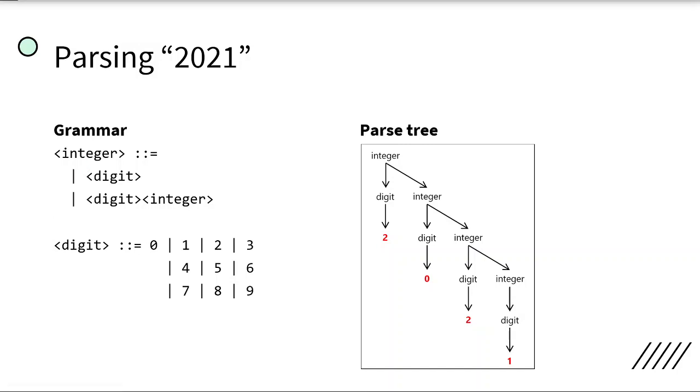Basically, an integer can be a digit or it can be a digit followed by an integer. Let's try interpreting this. So an integer can be a digit, and a digit is 0, 1, 2, 3 until 9. So we can say that these numbers are integers.